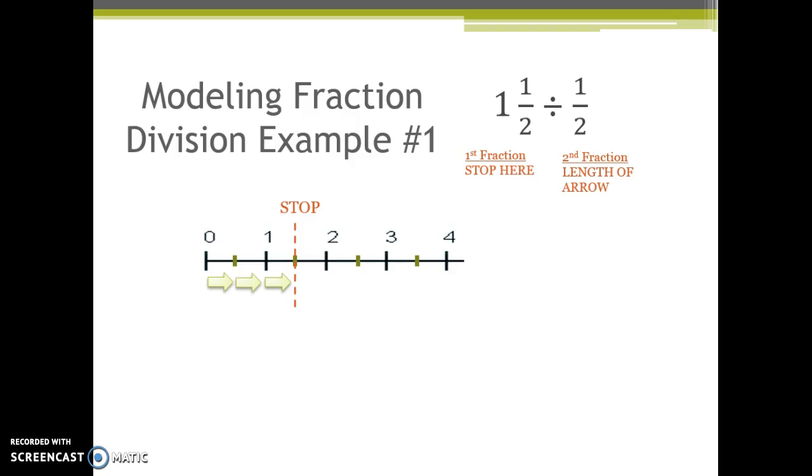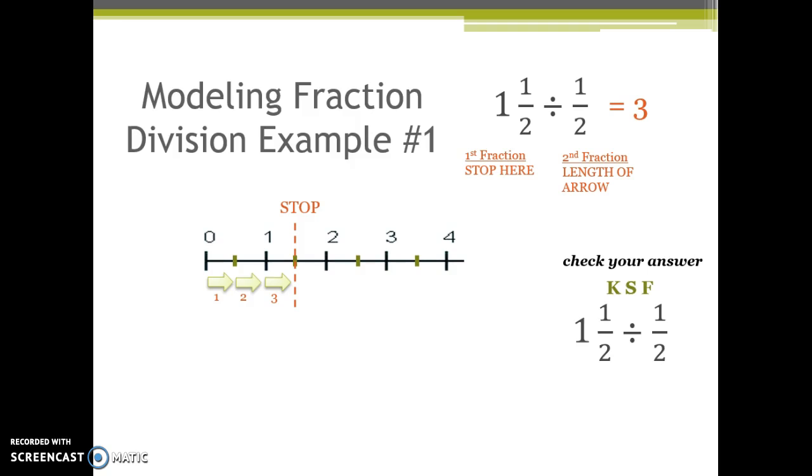So what I'm showing you here is it took me 3 arrows to get to 1 1/2. I have one 1/2 arrow, then a second 1/2 arrow, and then a third 1/2 arrow. So these arrows are 1/2, they're this one tick mark long, and I get 3 of them. So my answer for this is going to be 3. The answer is how many arrows you have.